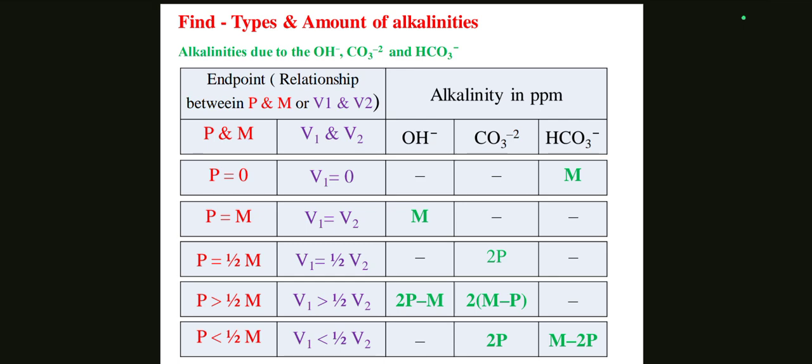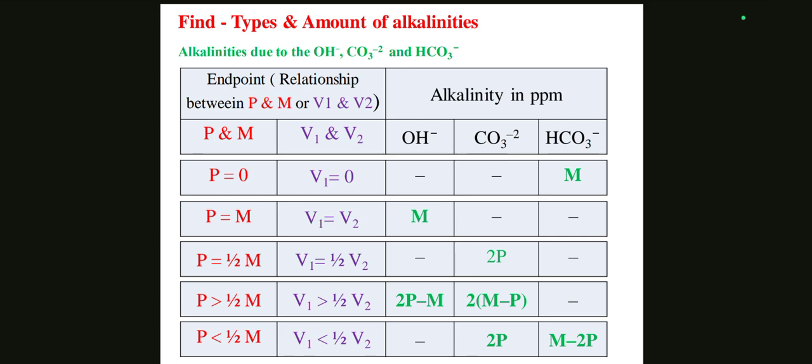For finding a relationship, you should know the values of P and M. And just now in the previous slide we have seen the formula for P and the formula for M. So by using those two formulae, you will get the values of P and M. Once you get those values, you just compare the two values with one another, and after comparing you are able to find the relationship.